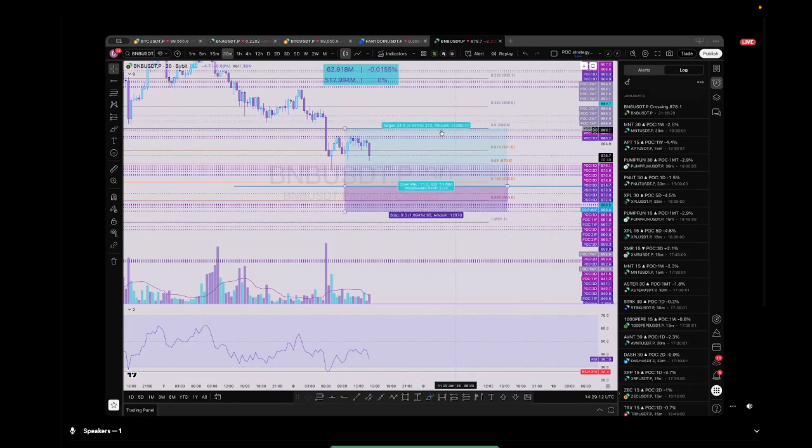And we have like 2.23 RR if you get fully filled. That means if you don't get fully filled, we have just like 1 RR for TP1. So for me this is not good enough.